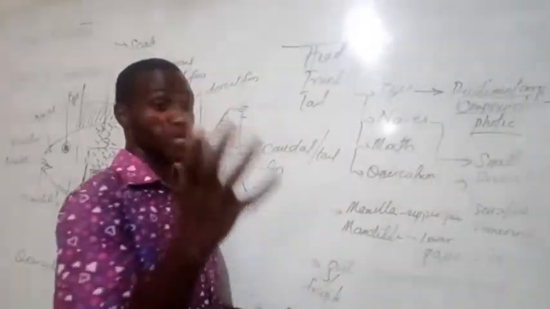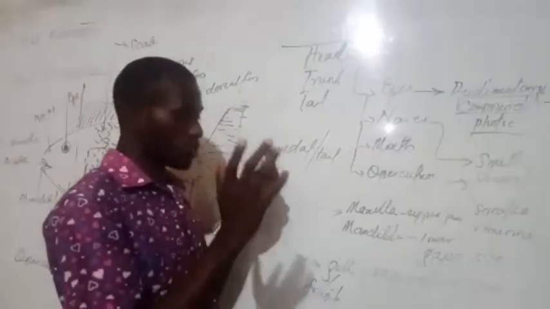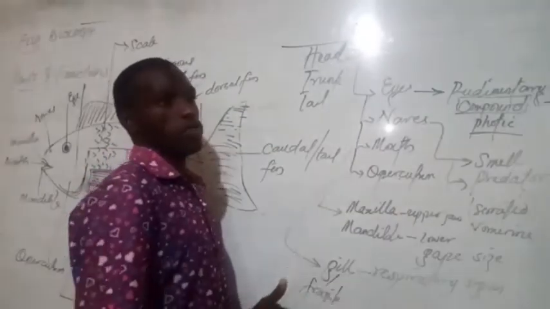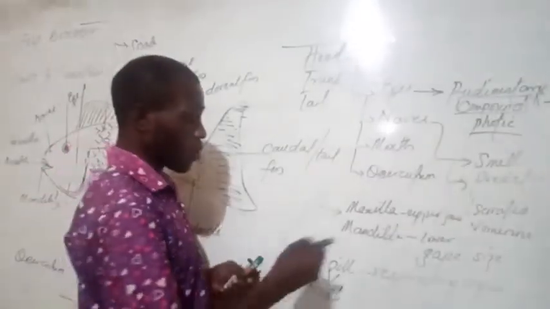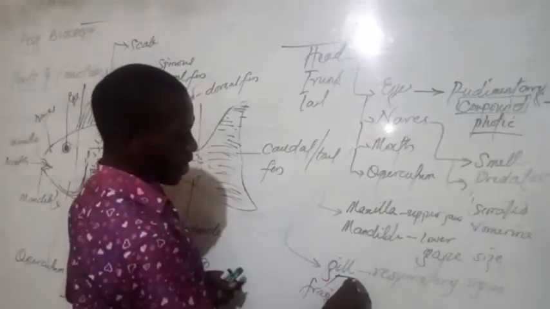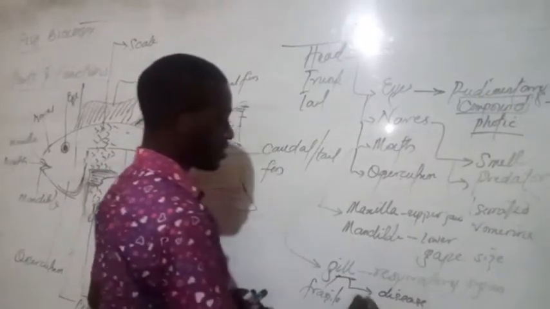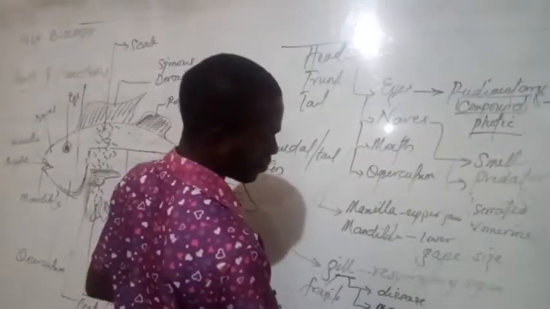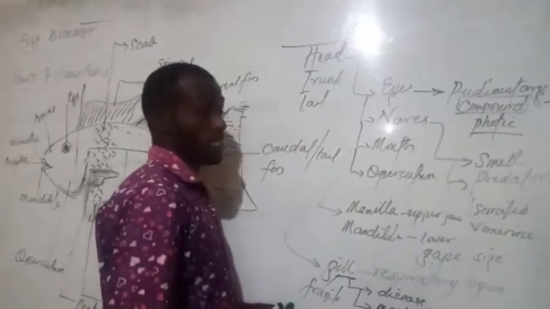So just like the brain is protected in the cranium, the brain box, this gill is also covered by the operculum. So the operculum helps to prevent a number of things from happening to the gill, helps to prevent disease from invading, and helps to protect it from mechanical danger.